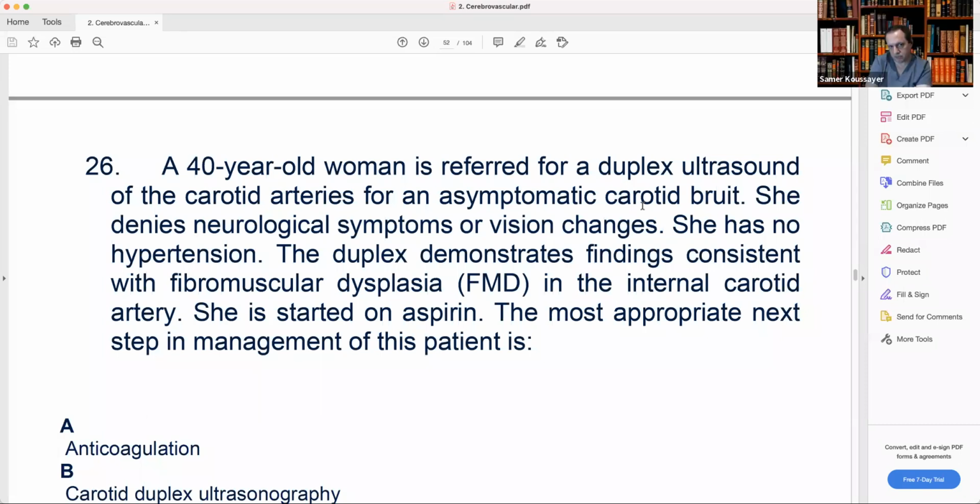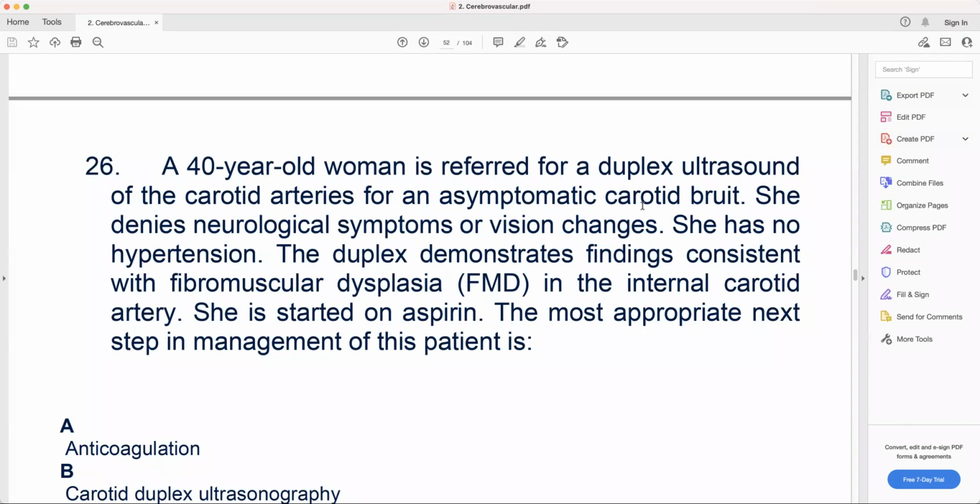And if the patient came with symptoms, we have two options. Either open is an option, and endovascular is another option.